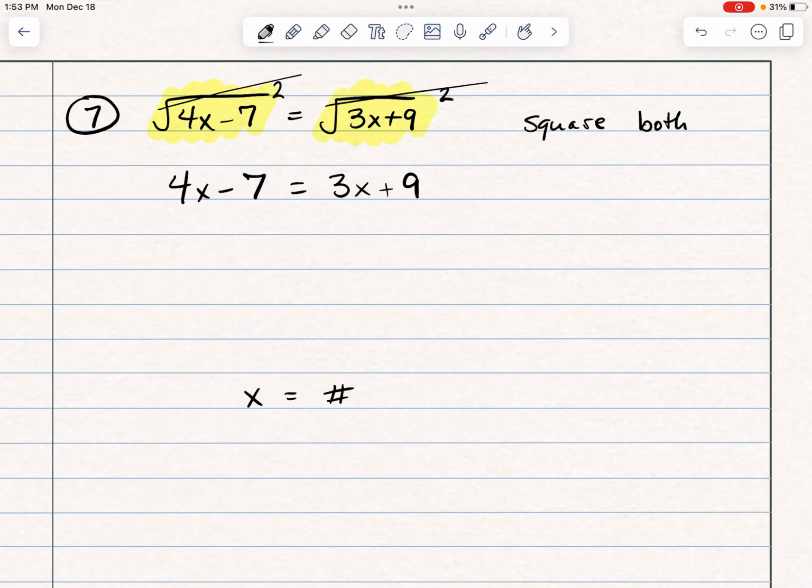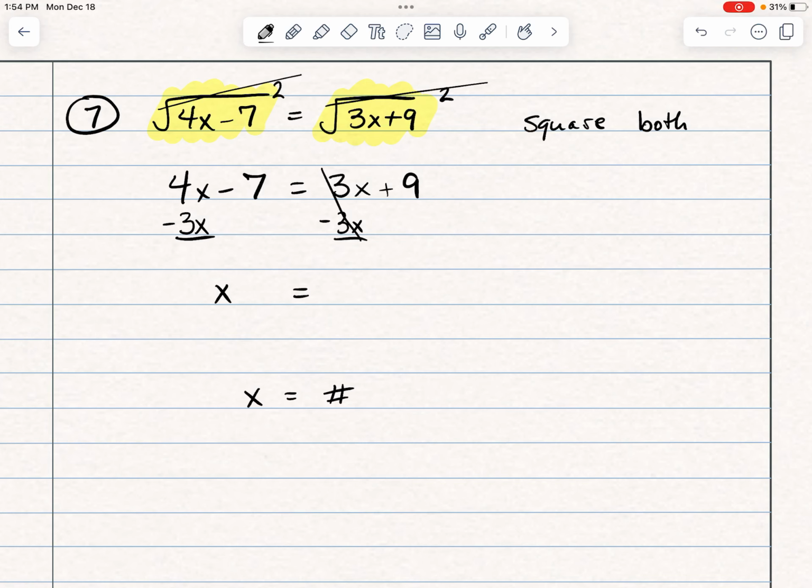Well, let's move the 3x over by subtracting 3x with our terms that are like terms. 3x minus 3x is 0x. 4x minus 3x is 1x. Okay.